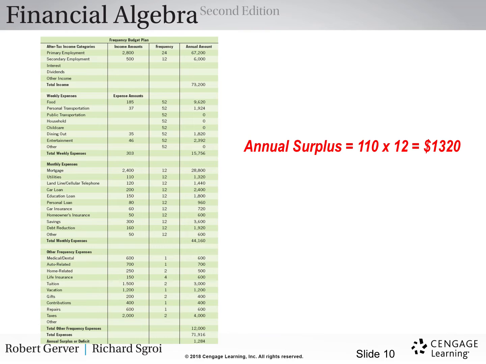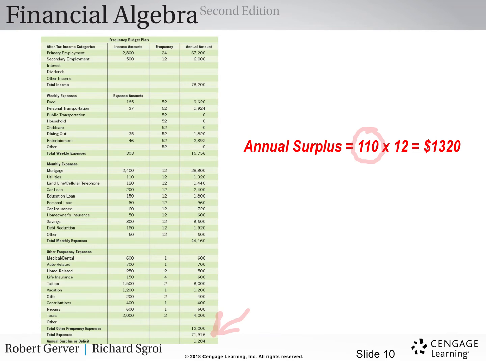So if you look at the frequency budget plan, down here in the lower right, again, I apologize for the small text, but if you look way down here, okay, you'll see the $1,284. Well, if you go back to their budget spreadsheet in the earlier example, you'll find that they came up with a $110 per month surplus.